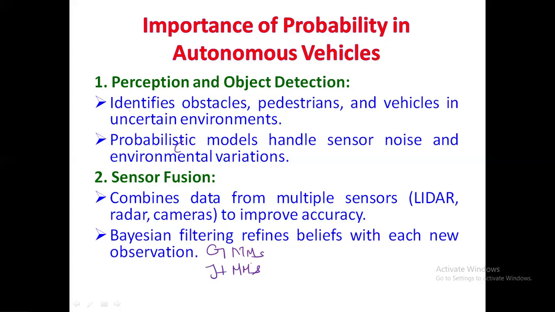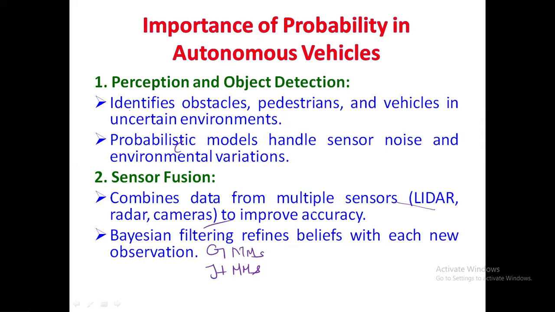Considering sensor fusion, it is a critical aspect of autonomous driving that combines data from multiple sensors. What are the sensors? We use lidar, radar, and cameras to create a unified and more accurate representation of the environment. Each sensor has different strengths and weaknesses, and their output may conflict or be incomplete.